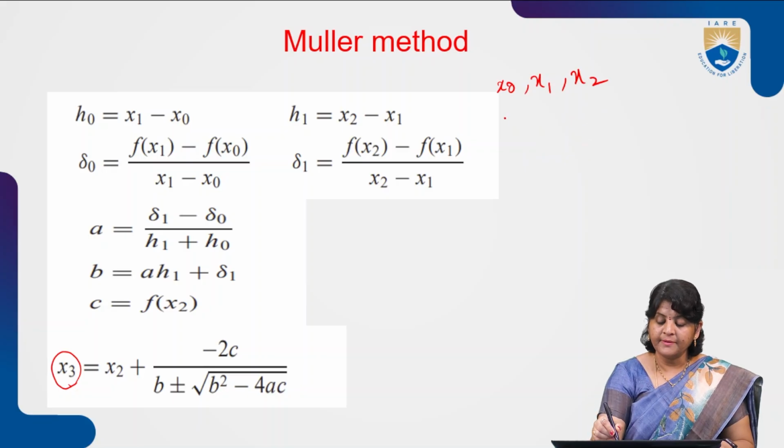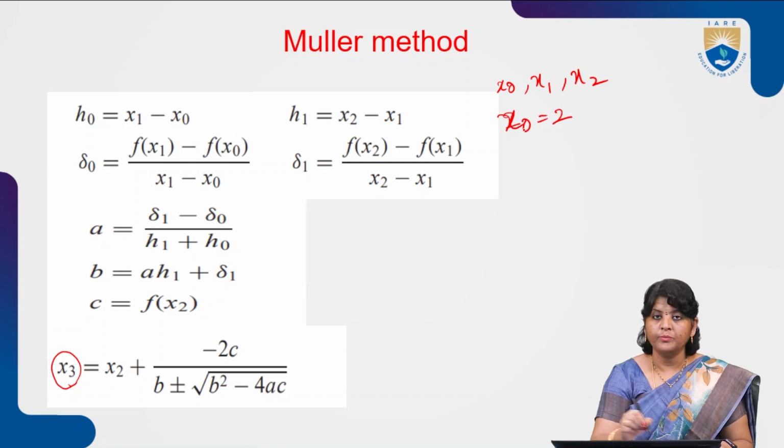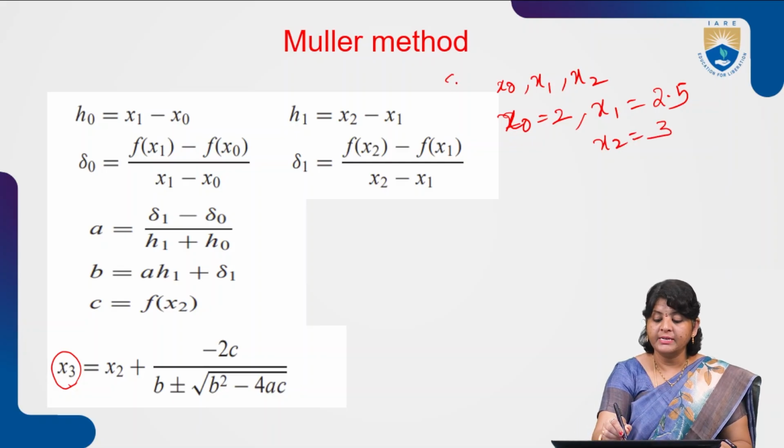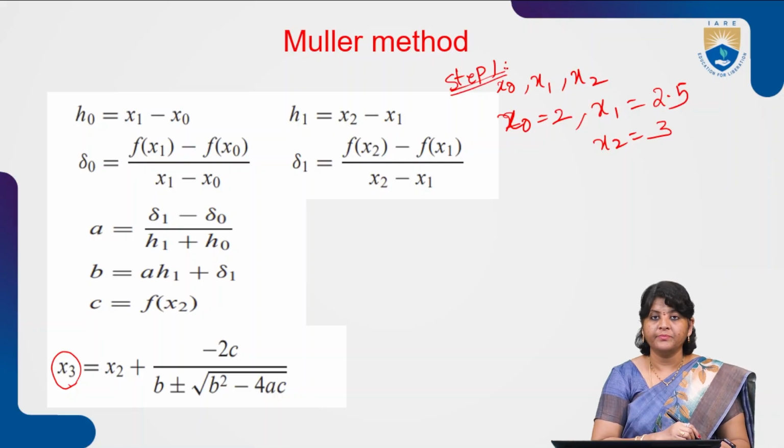Consider here x0 is equal to 2, x1 is equal to 2.5 and x2 is equal to 3. This is our step 1, finding the initial guesses.